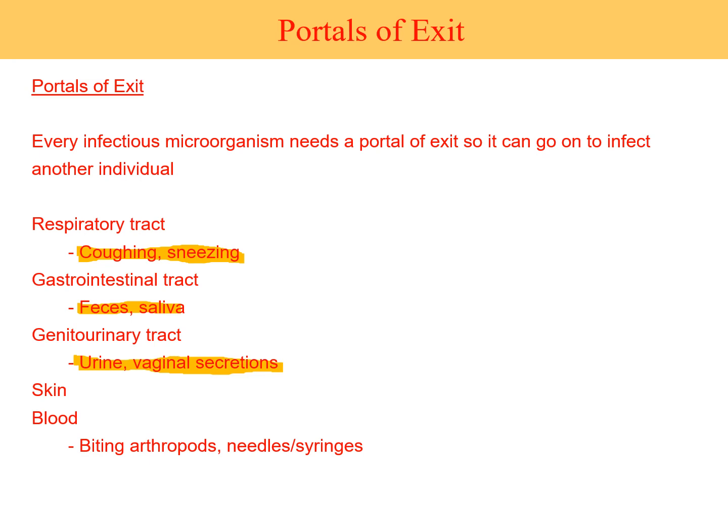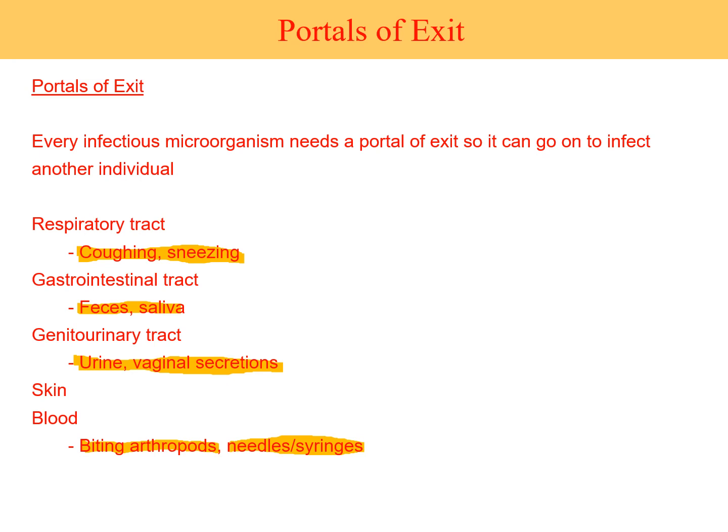from the blood, being picked up by biting insects and carried to another person, like with viral infections such as West Nile virus, or protozoal infections like malaria. It could be picked up by needles, sharing of needles and syringes. That's true for hepatitis B certainly, and HIV infections.